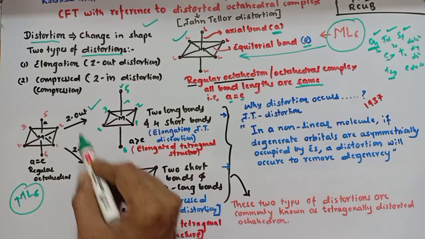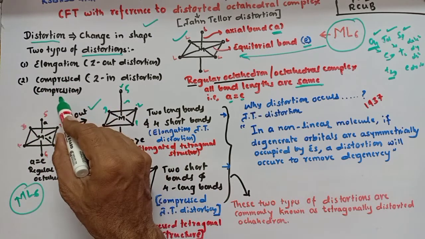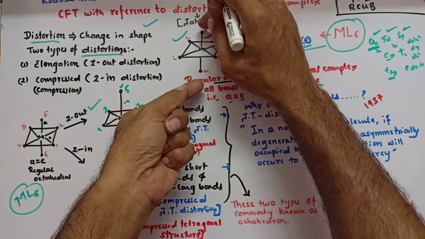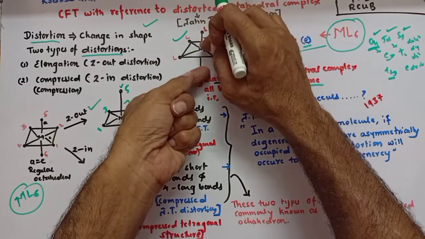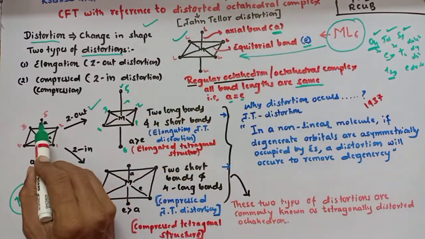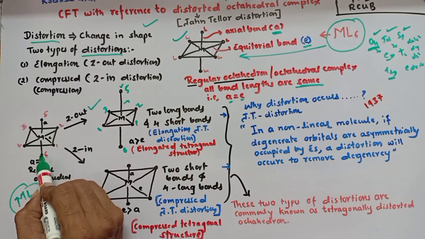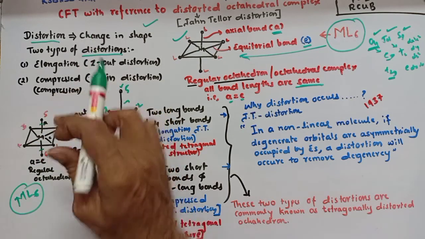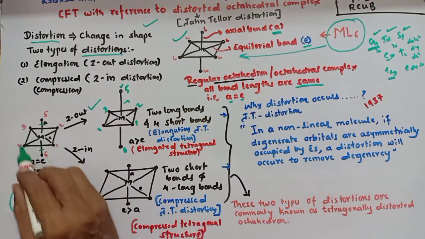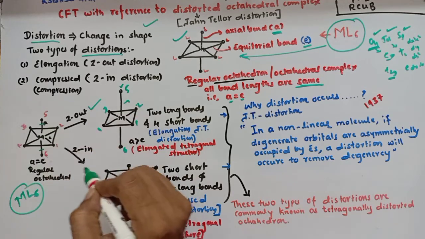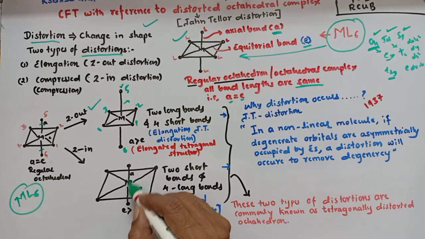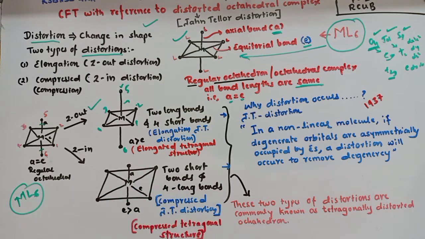Similarly, another distortion that takes place is compression. If it is a perfect octahedral complex and the 2 ligands along the z-axis, for example ligands 5 and 6, come nearer to the central metal ion, then the distance between these ligands and the central metal ion is less when compared to the other 4 ligands in the xy plane. In such cases, Z-in distortion takes place. Whenever Z-in distortion takes place, 2 short bonds and 4 long bonds will be present.